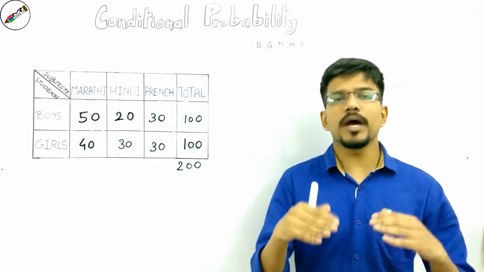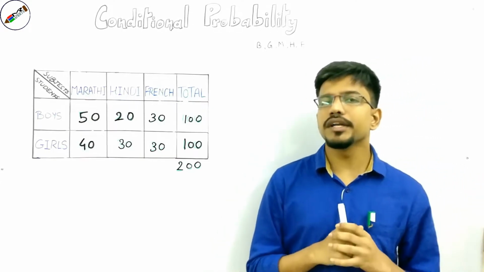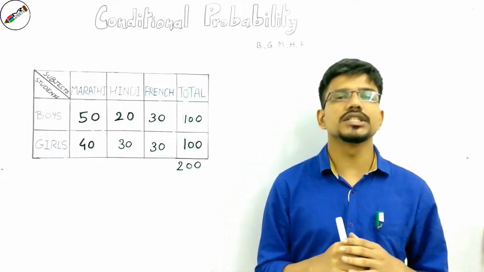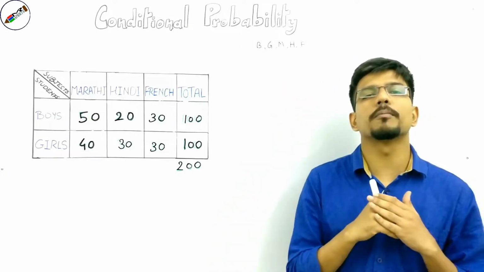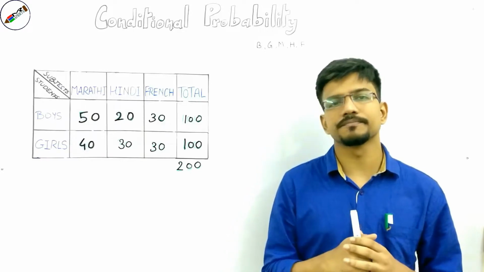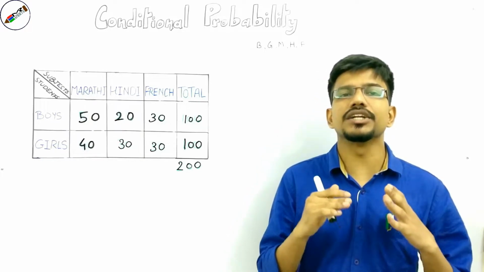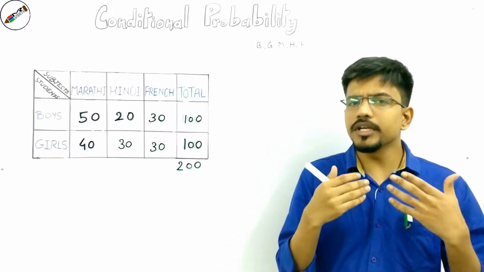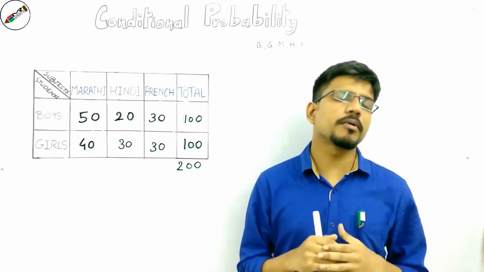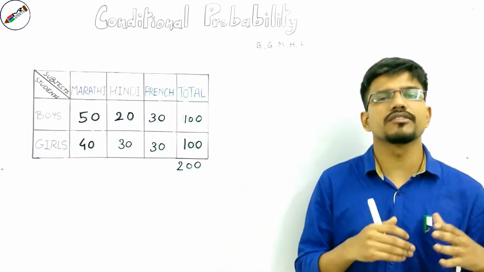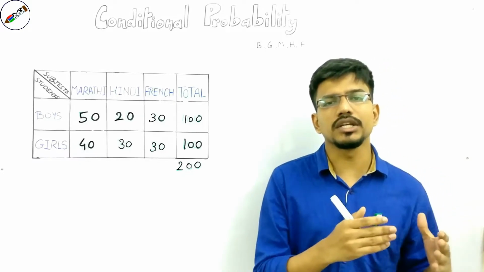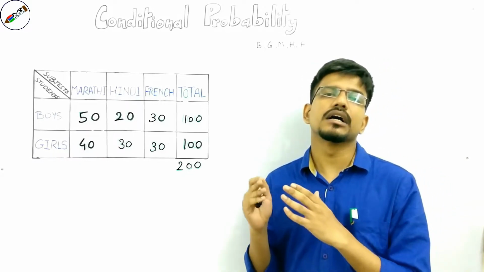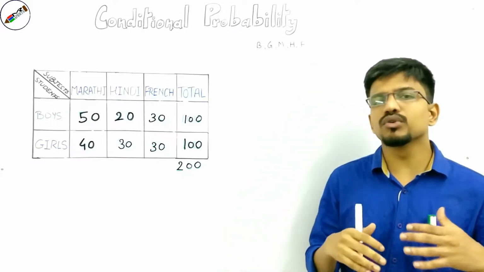Now let us go back to the question which I asked. Find the probability that the selected student has opted for Hindi such that it is a boy. Let me take one more question. Find the probability that the selected student has opted for Marathi such that it is a girl. Now, how to go about this?